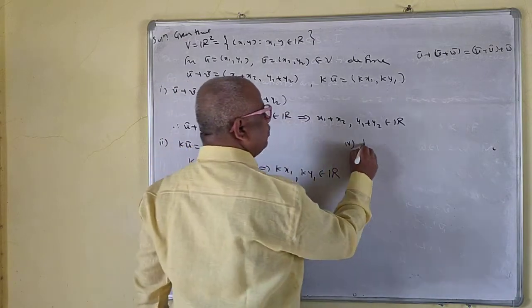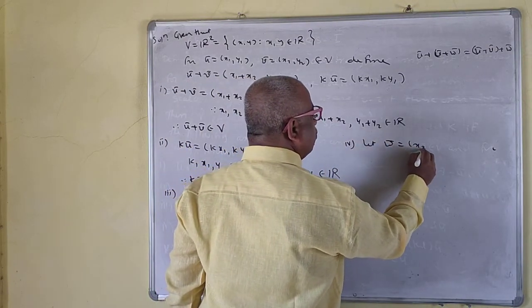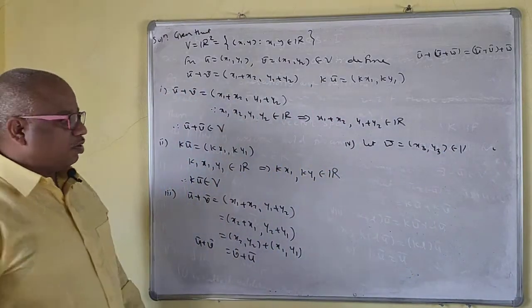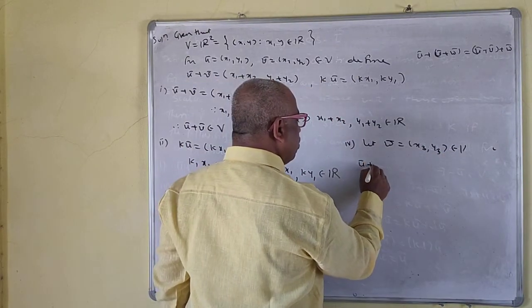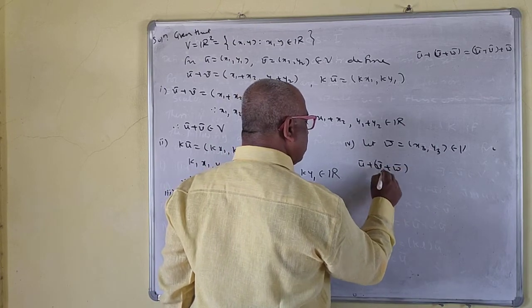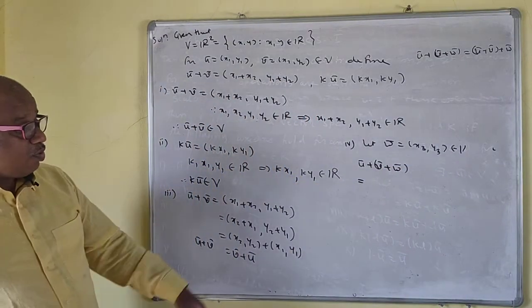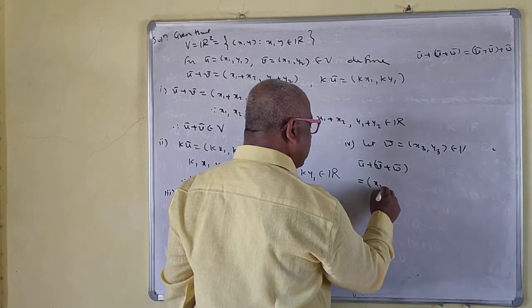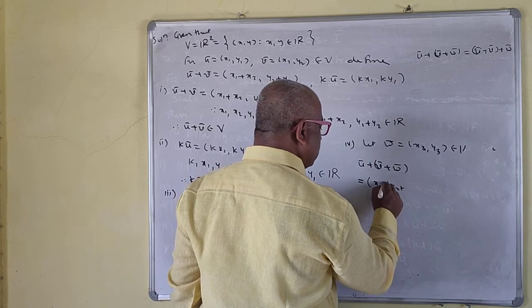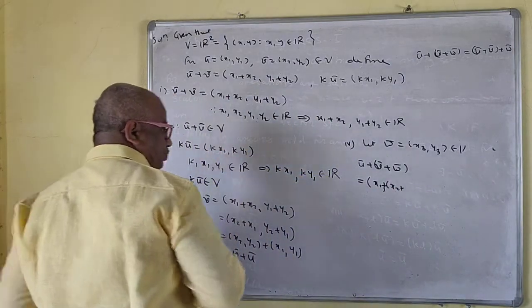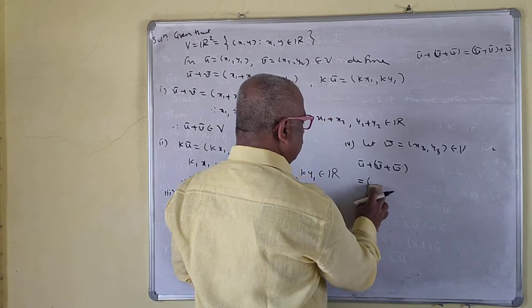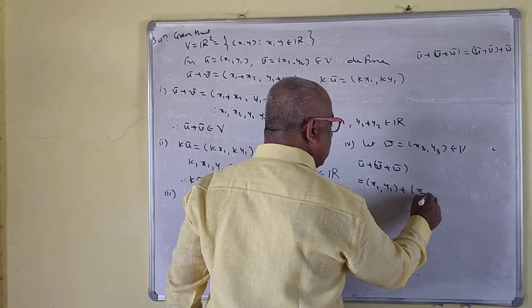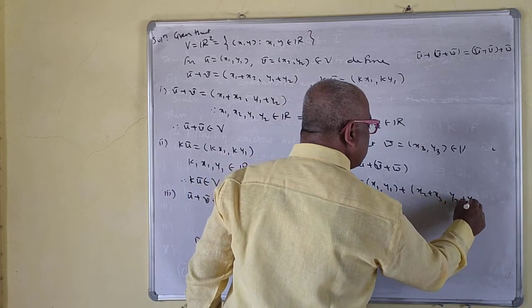So let w bar equal x3, y3, which belongs to V. So u bar plus (v bar plus w bar) is x1, y1 plus (x2 plus x3, y2 plus y3).